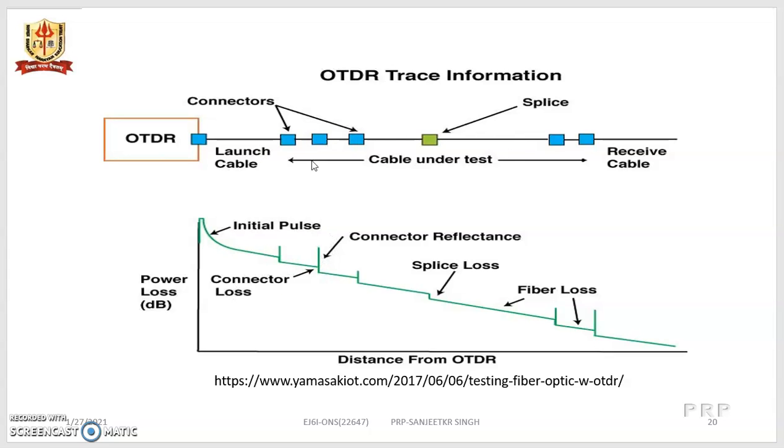From the connectors we can see 1, 2, 3, there are connector losses, reflections taking place, and there is a splice loss indicated by this pulse. Similarly, any fault along the length of the fiber will appear as a high pulse, and gradually it is decreasing.